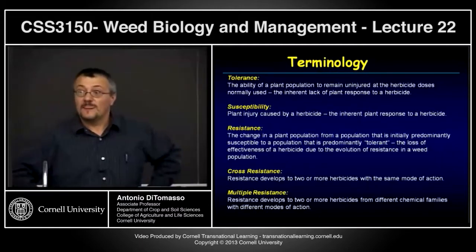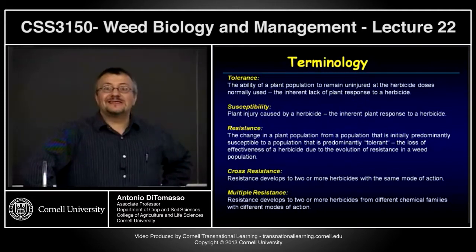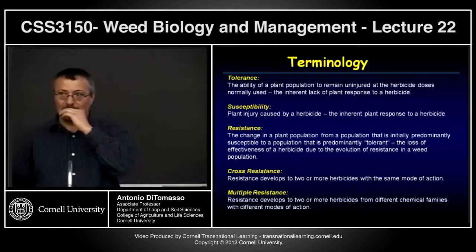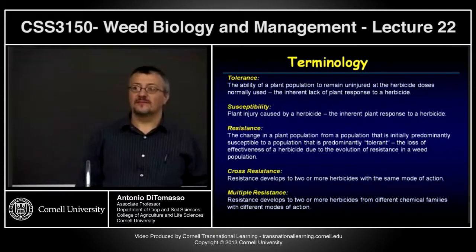Yes, John? So that's incredible. I thought you were about to say maybe there was an example with 3. No, 9's the most. In Canada, there's some green foxtail that's up to, I think, 6 or 7 modes of action. So my question is about the rate at which different species become, as a population, resistant to a herbicide.